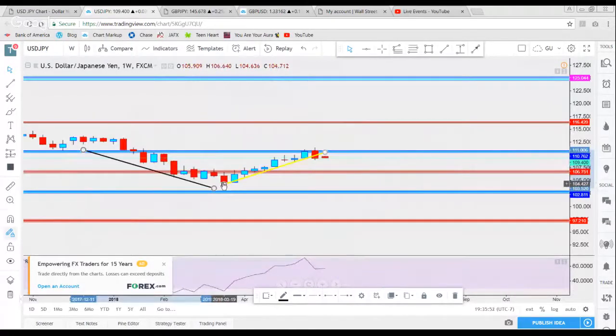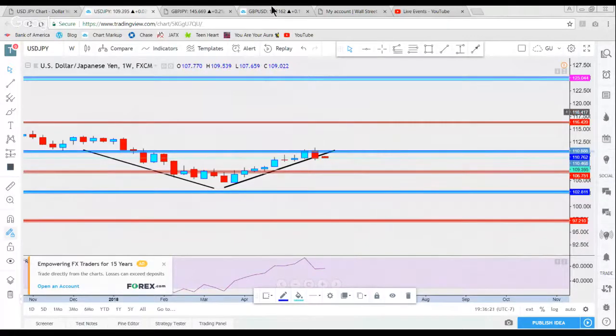And it found support around this area and then reversed and continued up. Now we hit the 110 and price starts to fall again. So what is it about this 110 area, right? So we're gonna find out.